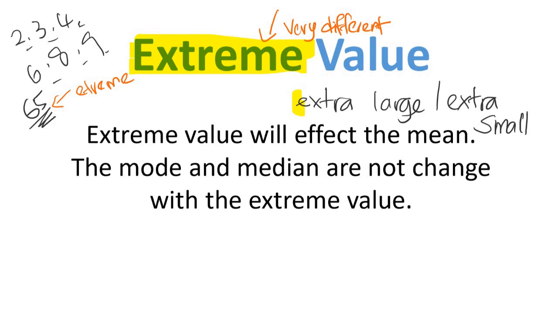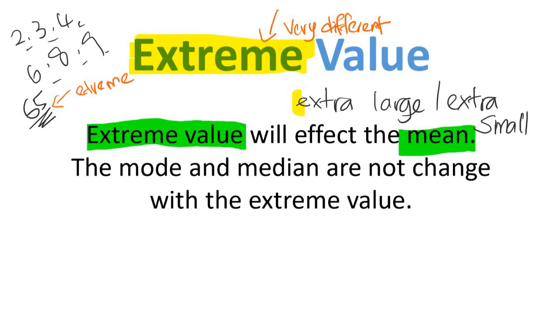When we add an extreme value into a set of data, it affects the mean. If I add 65 into the data I have now, it will change the mean, and it will be totally different.